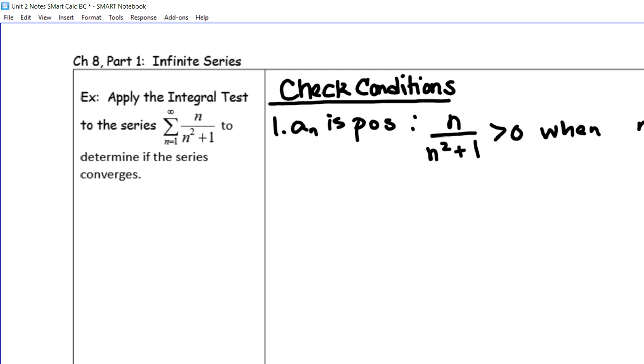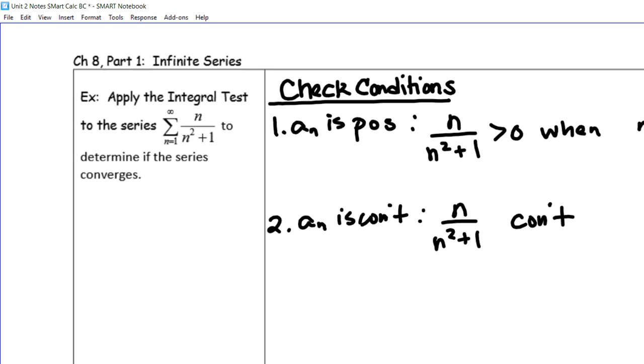Let's go to the next one. We want to show that a sub n is continuous. So this one right here is continuous for what? Is there anything that makes it discontinuous? No. Okay, for all n. So for any n forward, right? So this condition has been met.